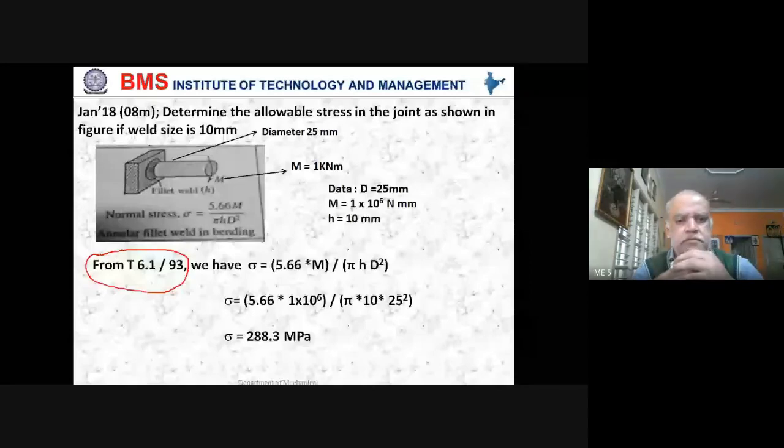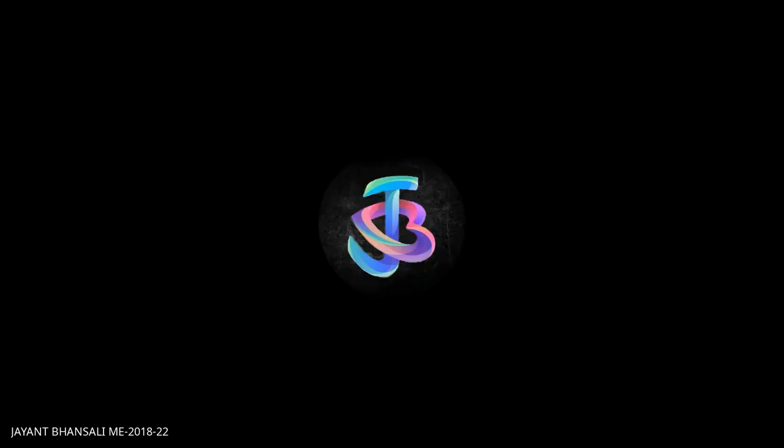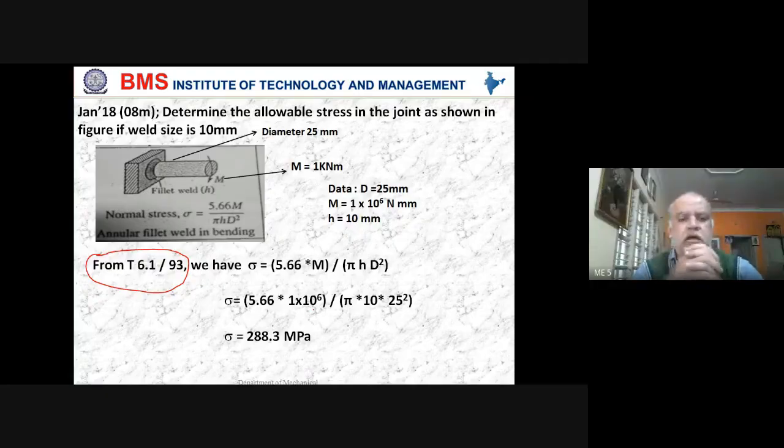Are you there? Yes, sir. So there are many figures. Along with that, you have equations for finding out normal stresses, shear stress, and so on, right? Something like this, you will have equations along with the sketches.